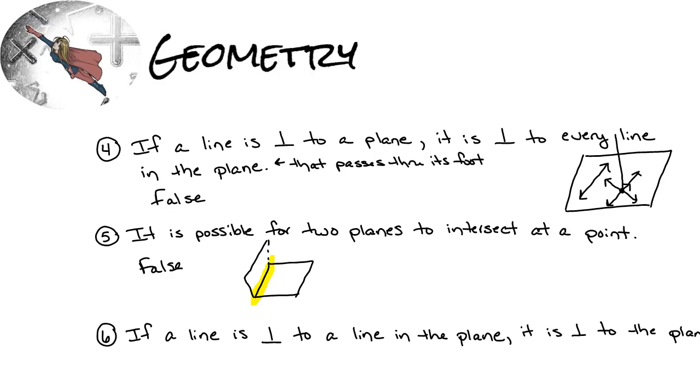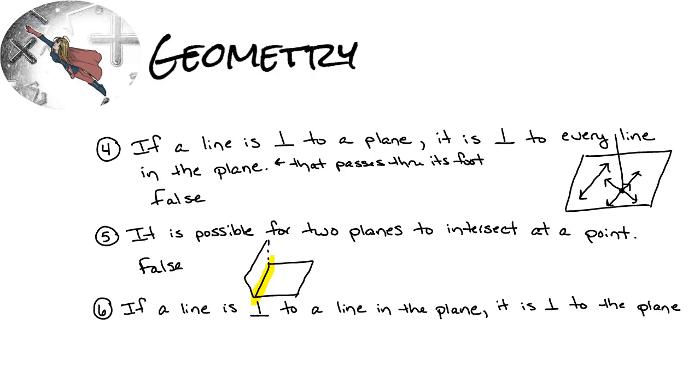Number six, if a line is perpendicular to a line in the plane, it is perpendicular to the plane. Well, let's draw this. Okay, so I will have my plane. And what if this plane is tilted so that I have, let's say, a 90-degree angle in the background here, 90 degrees.